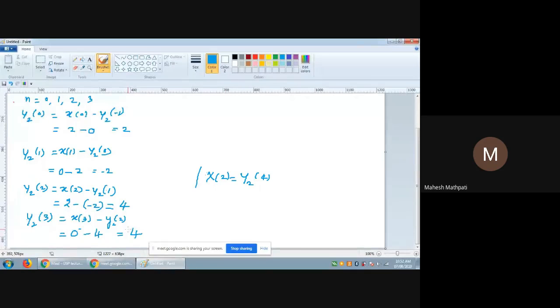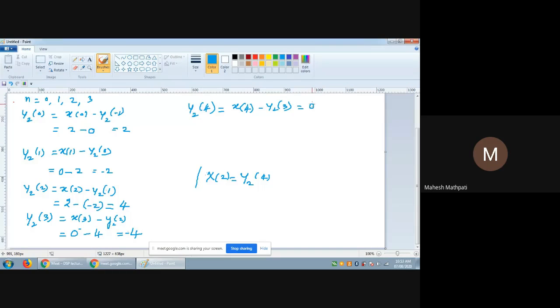This is minus 4. And lastly, we calculate y2 of 4, which is equal to x of 4 minus y2 of 3. What is the x of 4 value here? Is it available in the given sequence?